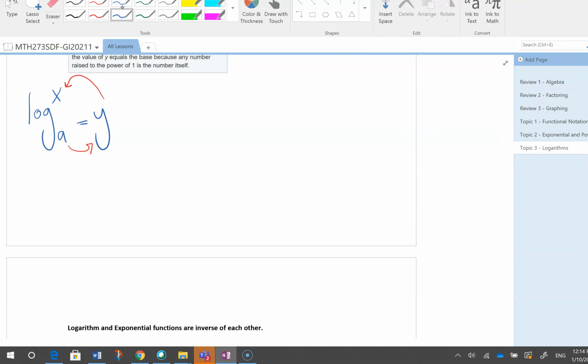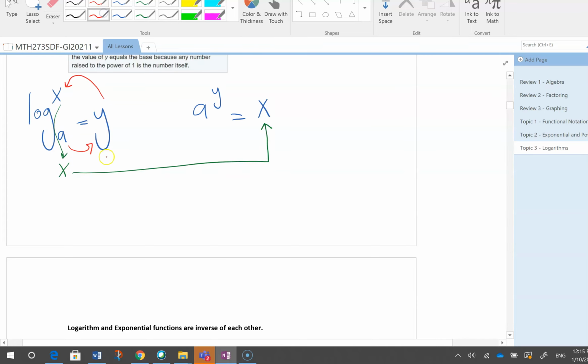It's like a circle. You don't forget: a to the power y is x. Here, the x of this is the result of this, and the y of this, which is the result, is the input of this. They are inverse of each other.